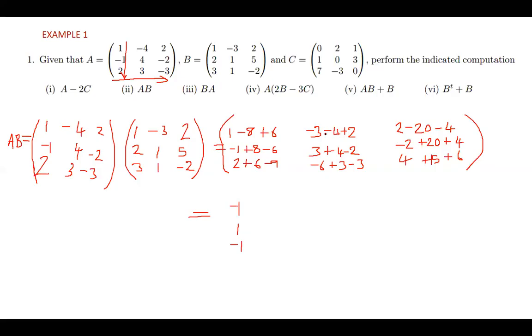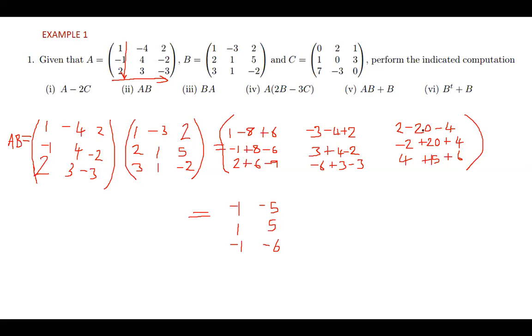So -3 minus 4 is -7 plus 2 gives me -5. 3 plus 4 is 7 minus 2, +5. -6 plus 3 minus 3. 3 minus 3 is 0, so this will just remain -6.